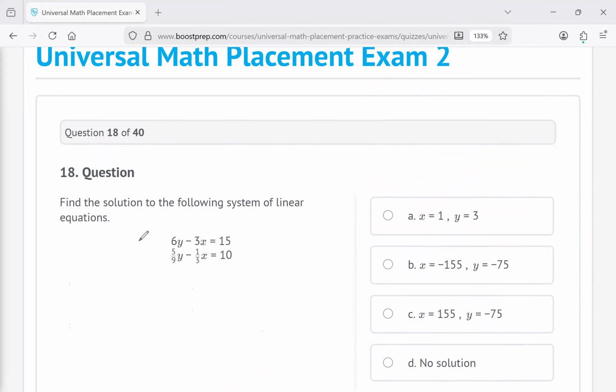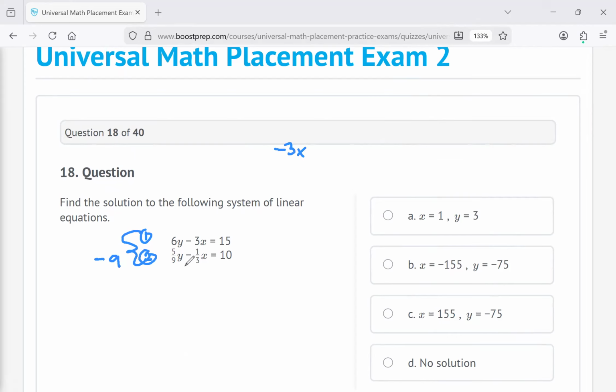Question 18. So find the solution of the system of equations. So I'm just going to do elimination. Here's equation one, here's equation two. And then what I would do is get rid of the x. So I think I would have to multiply the entire second equation by -9. Because on the top you have -3x.